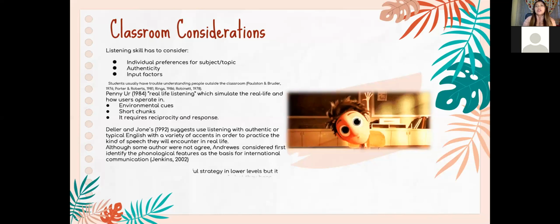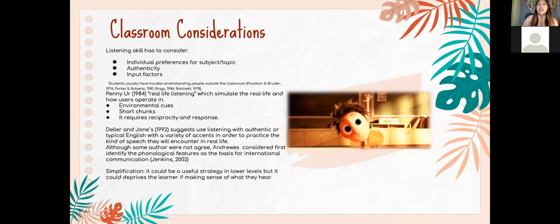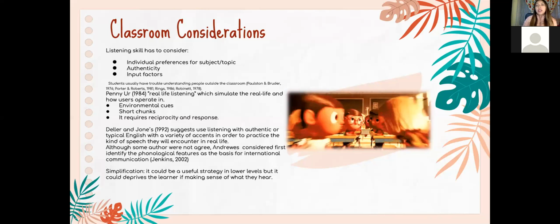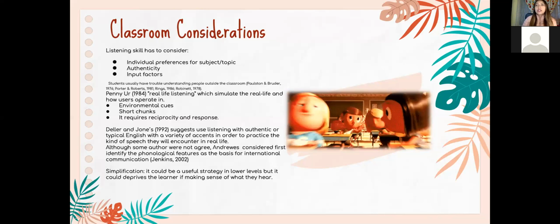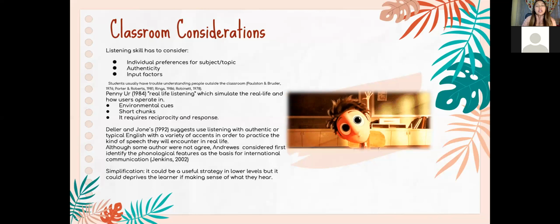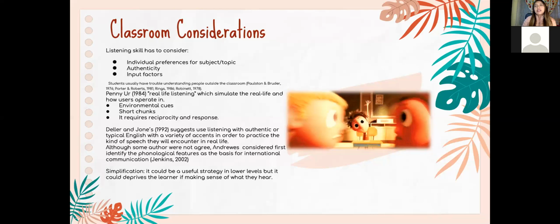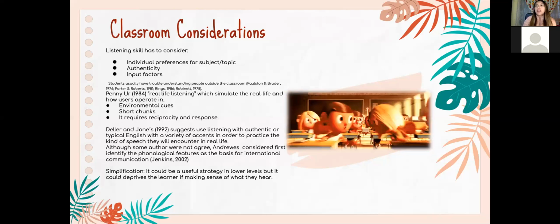Jenkins mentioned this, and for that reason simplification was considered a strategy in lower levels, although it deprives the learner of making sense of what they heard.